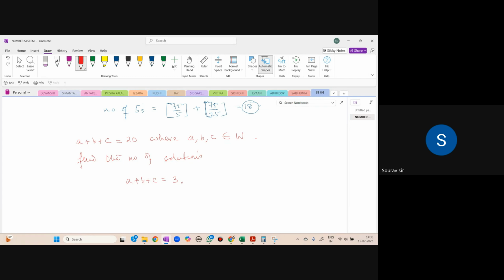Here a, b, c are whole numbers. Whole numbers means it can start from 0, 1, 2, etc.